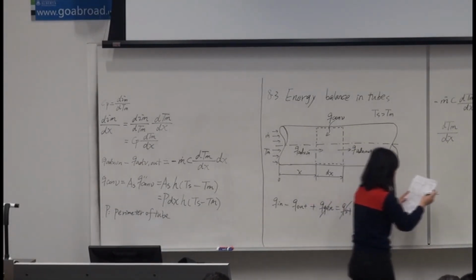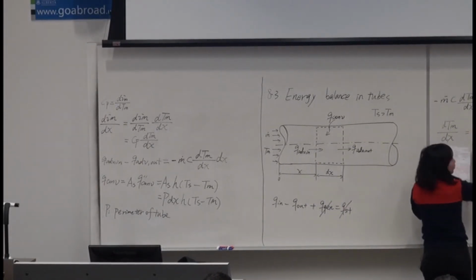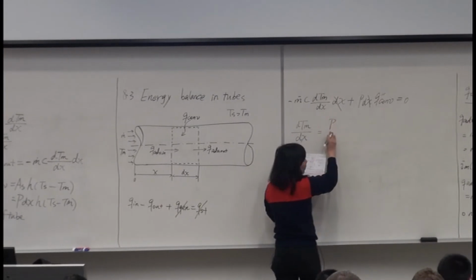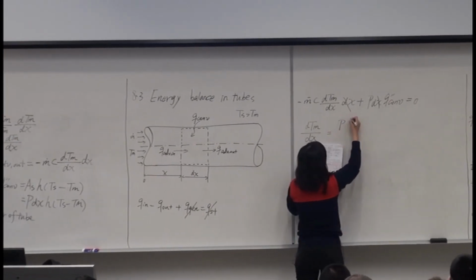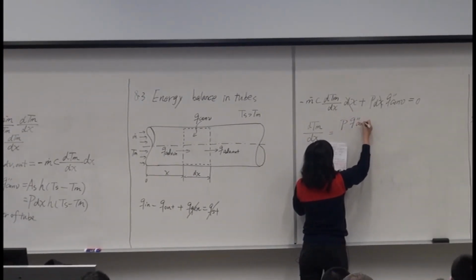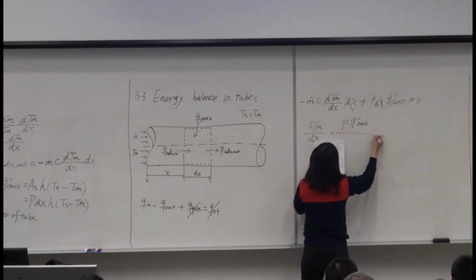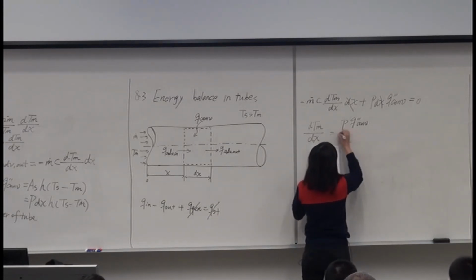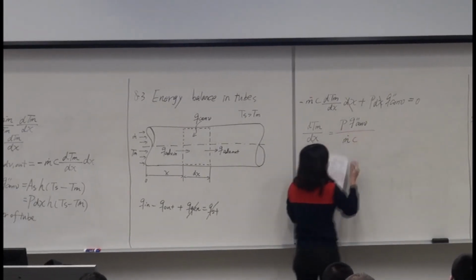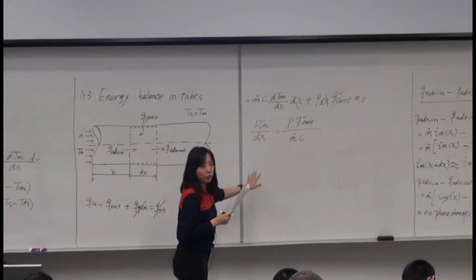It is given by the ratio of the perimeter of the tube times the convective heat flux between the tube surface and the internal flows over our mass flow rate and the specific heat of the flow.